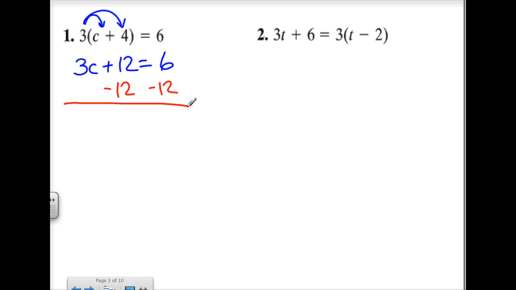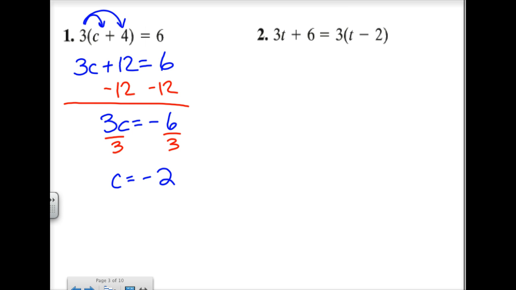Everybody should be writing this down with the work. 3c equals -6. Since it's 3 times c, I'm going to divide by 3. C equals -2. And you can check it to make sure that that makes sense by plugging that in.